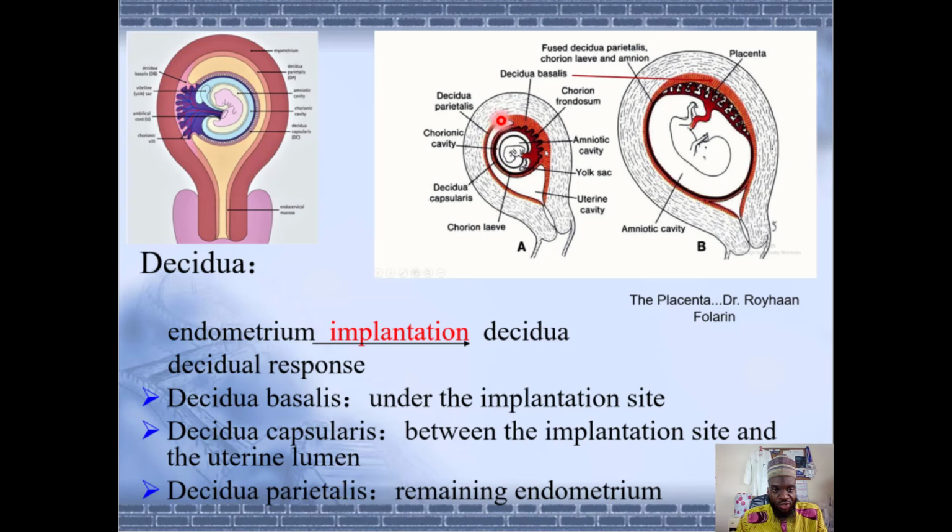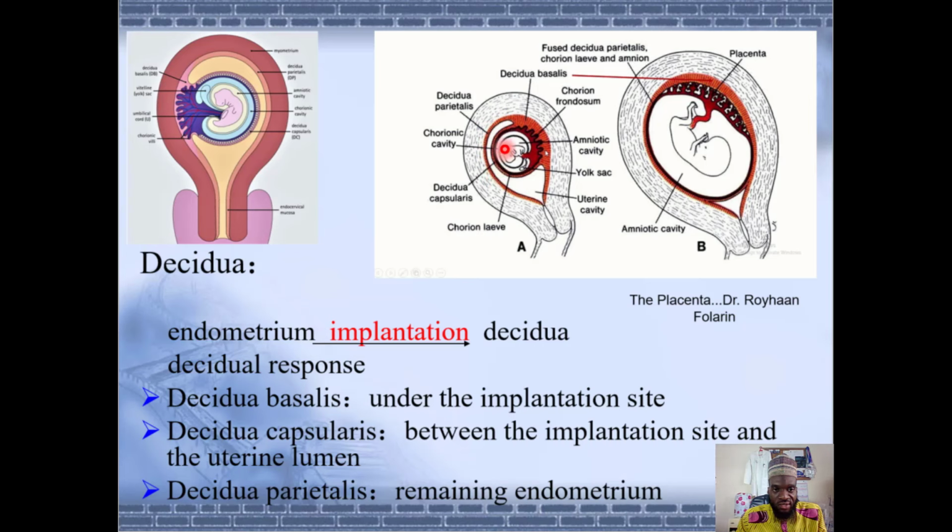This white part is the uterine lumen, but the capsularis is the part that is overlying the developing embryo, overlying the implantation site generally. So that's the decidua capsularis. Whereas the rest of the endometrium that is not receiving implantation is referred to as the decidua parietalis.